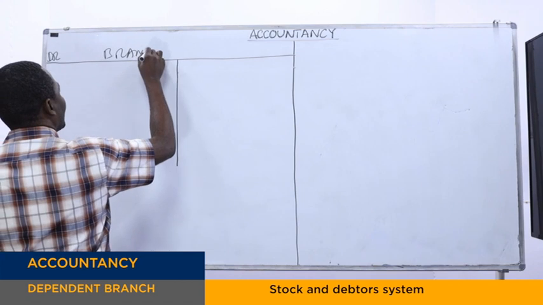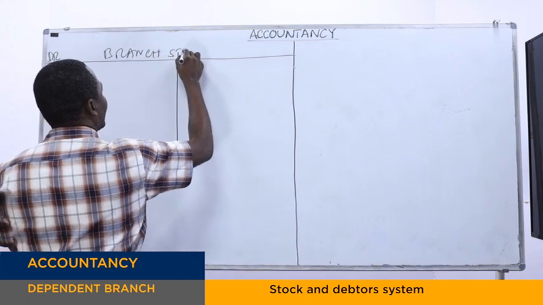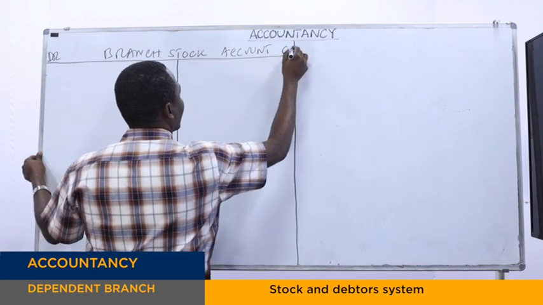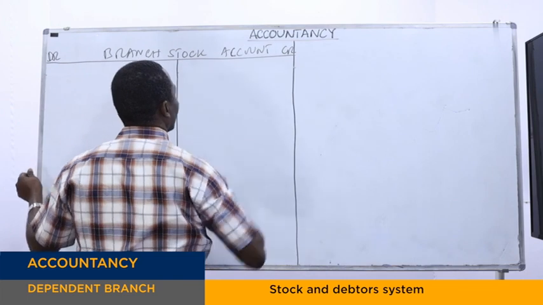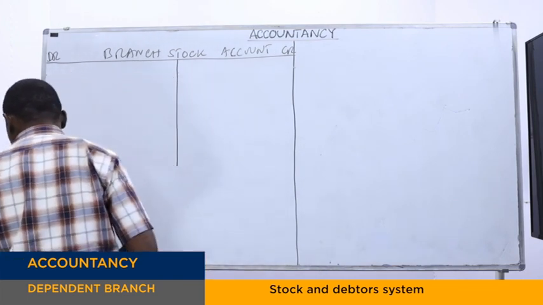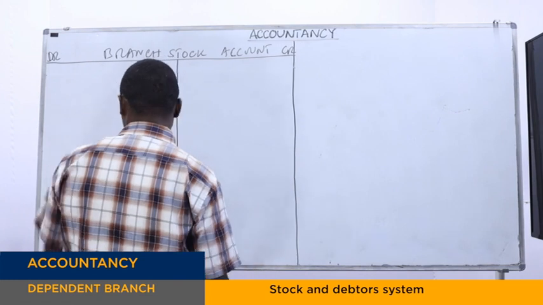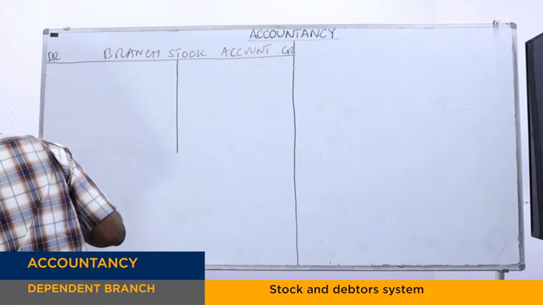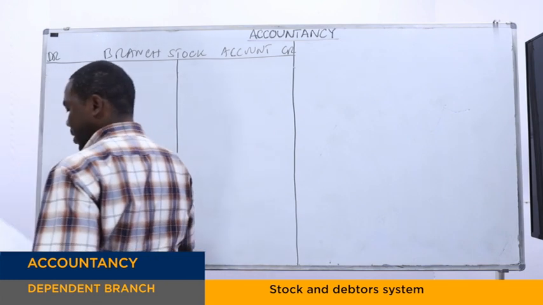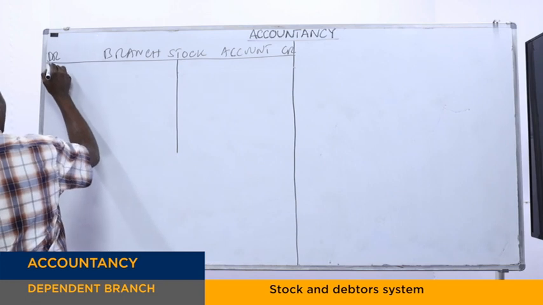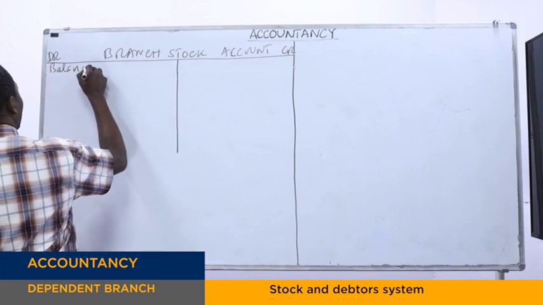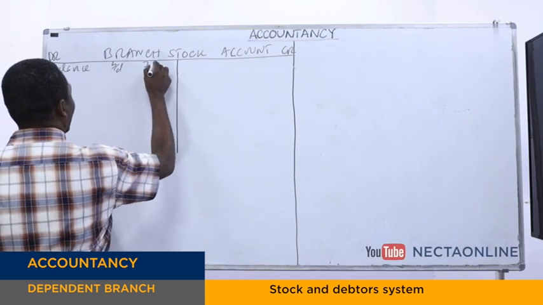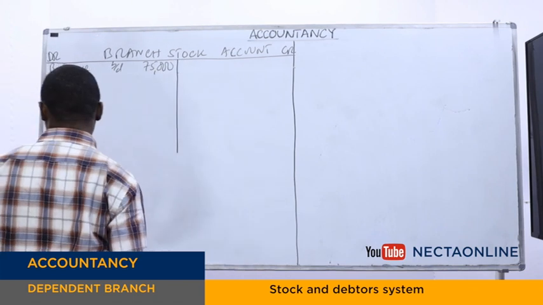This will be the branch stock account, that is a credit balance. And of course, we have our opening balance, that is 75,000.